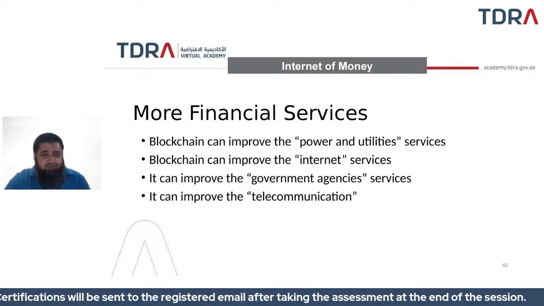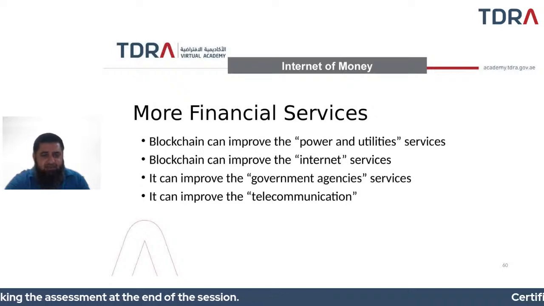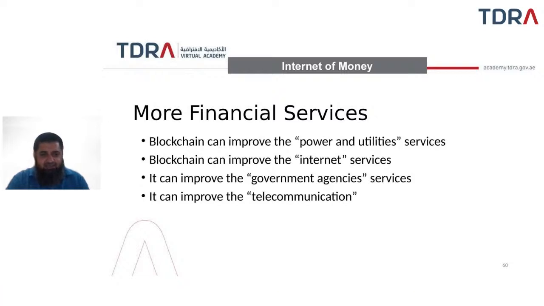Blockchain can also improve power and utility services. We all know that most of the people in Australia have solar system panels that are generating electricity, and many individuals and organizations are producing more electricity than their requirement.